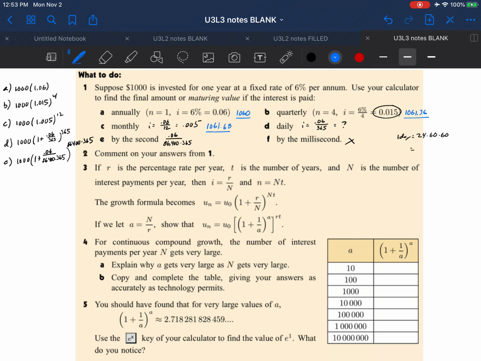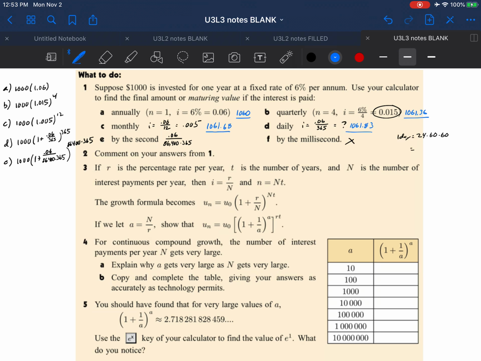So daily now, I'm going to write it as the sum, so it's going to be 1 plus 0.06 over 365, and then I have to write my exponent as 365. That's 1061.83. So it gets even a little bit larger. Not by much, right? But it does get larger.